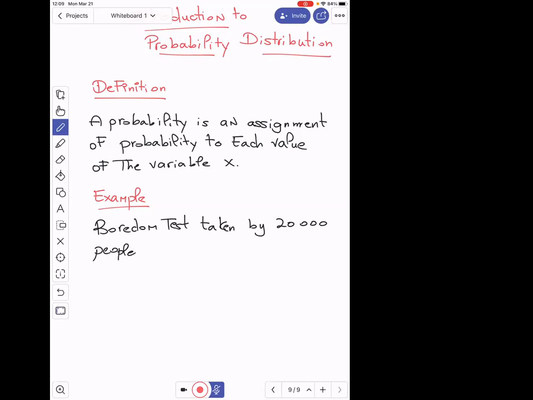And let's say we have boredom levels from 0 to 6. So we have level 0, level 1, level 2, 3, let's say 4, 5, and 6. So 6, let's say, is the highest tolerance for boredom.